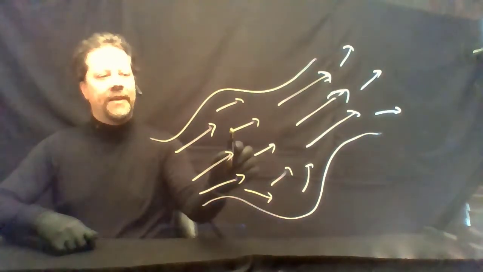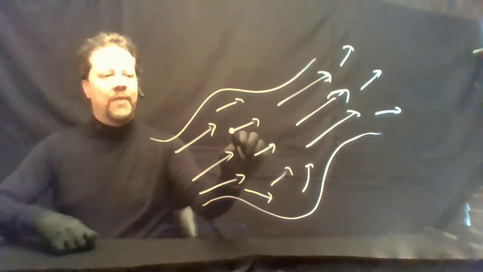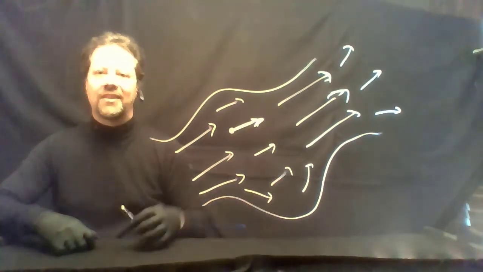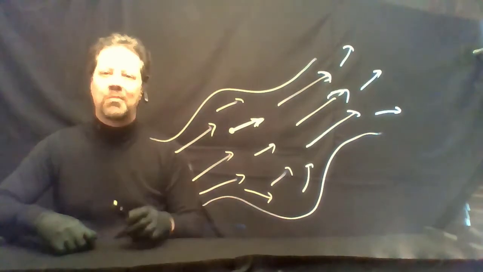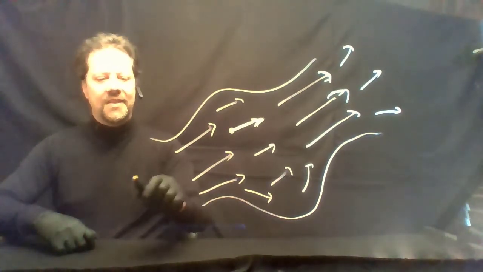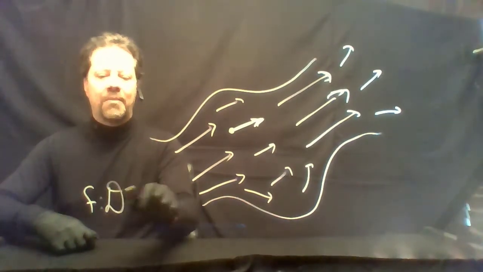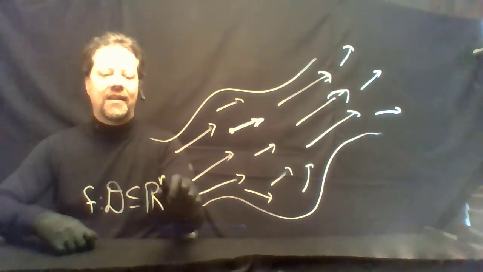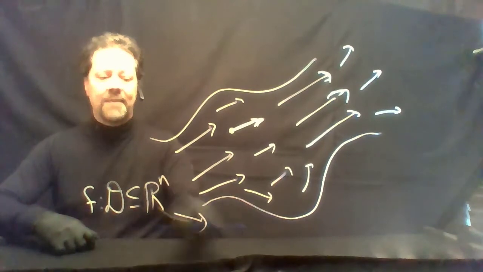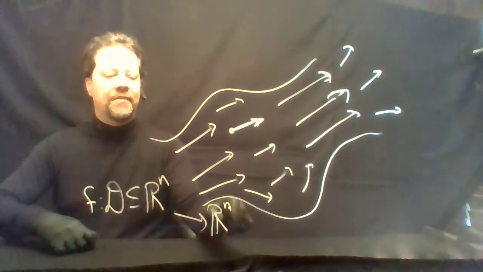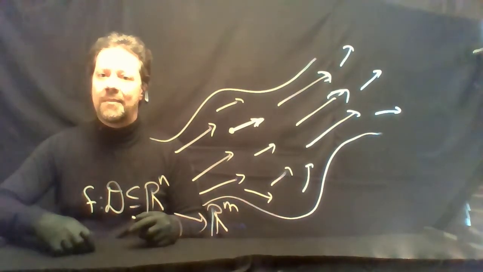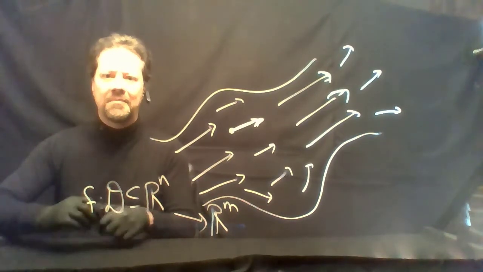At each point in the stream, we have a little velocity vector associated at that point. It's as though we have a function that maps some domain that is contained in Rn, the points in space, and outputs vectors perhaps in some other vector space, Rm.